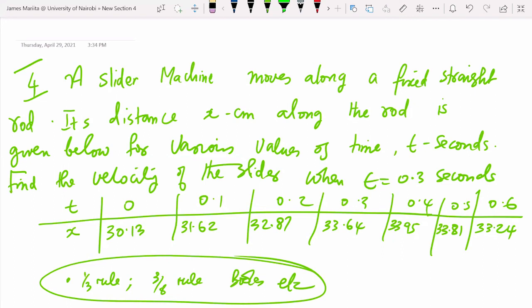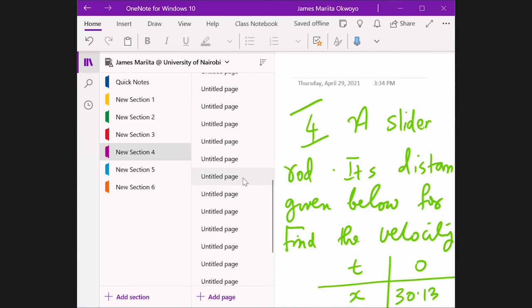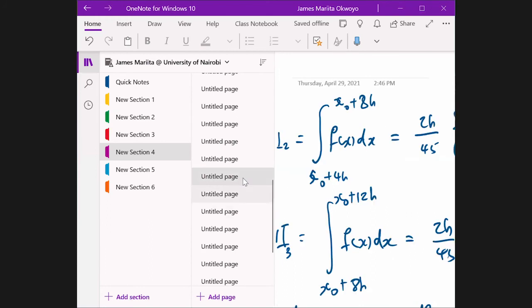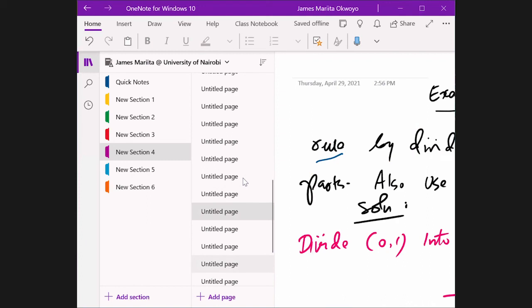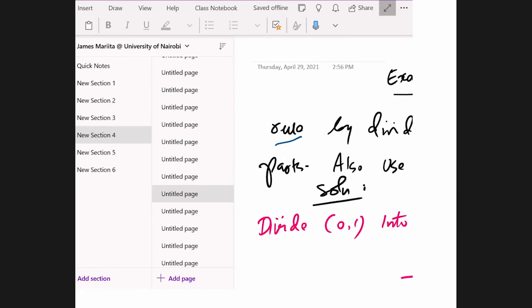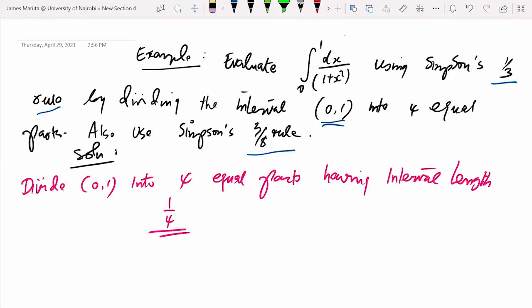Excuse me, sir. Yes? I had a question. For example, the first example we did, where we were to work it out using Simpson's 1/3 rule and the 3/8 rule, the answers are different. Does it mean that each rule has varying degrees of accuracy? Perfect. As I was moving along, depending on the n value, when we increased n, the formula became more accurate.